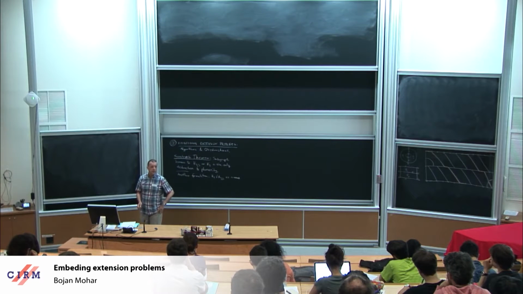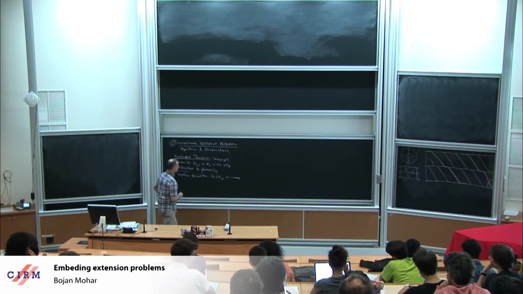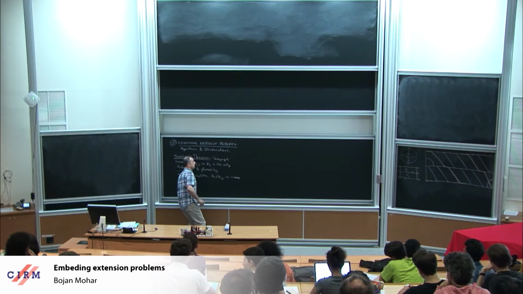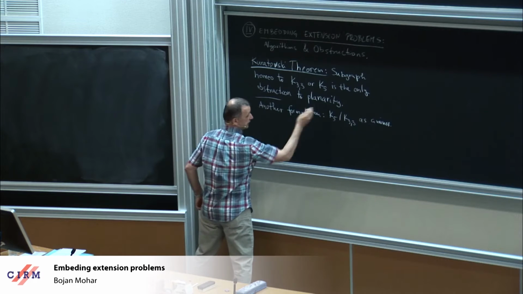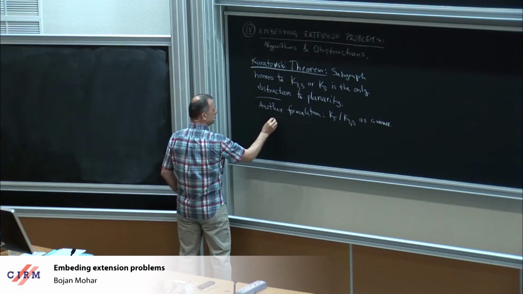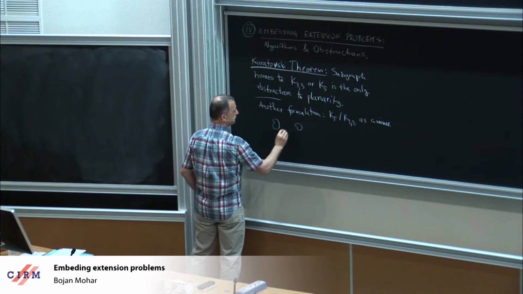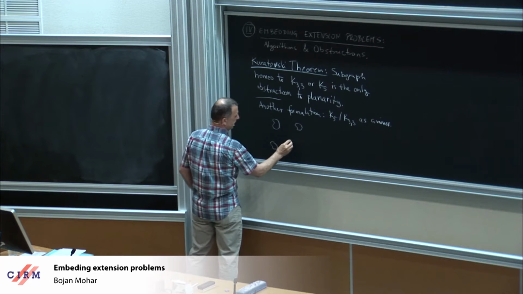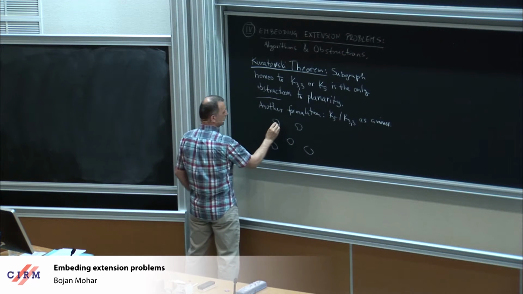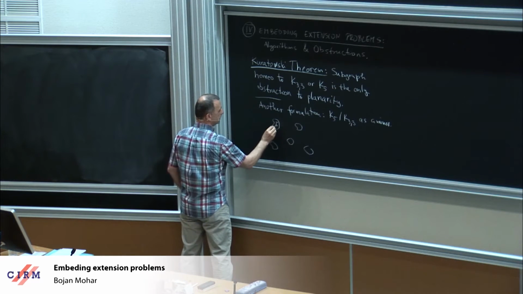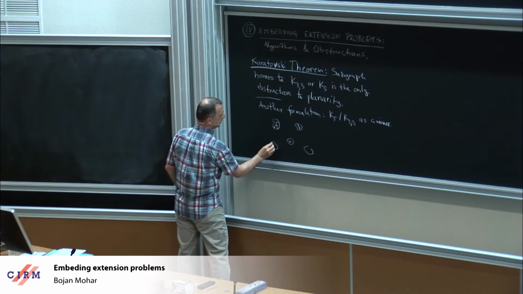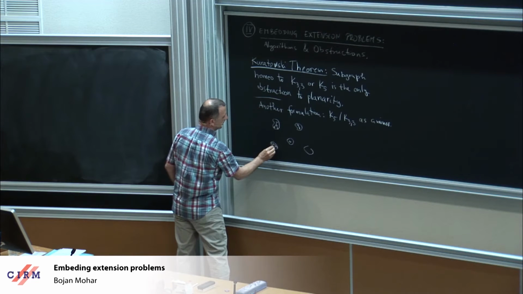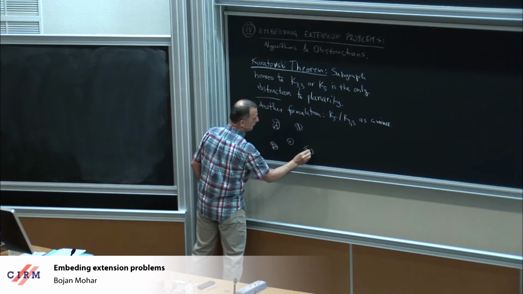Is everybody familiar with what a minor is? Maybe not, so let me just give a definition. For a minor, we want basically a subgraph. Let me describe it for K5. We want a subgraph in your graph which can be represented in the following way. You have 5 connected subsets, maybe just a single vertex or something consisting of more than one vertex.